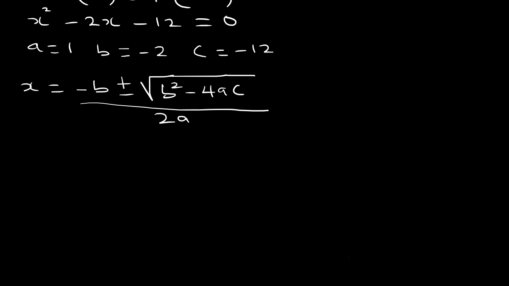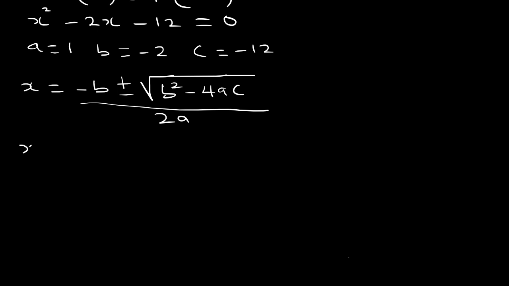We cannot factorize this equation, x squared minus 2x minus 12. Hence, the factorization method will not work. So we are going to use the quadratic formula. Here we have that a is 1, our b is minus 2, and our c is minus 12. We are going to substitute into the formula.